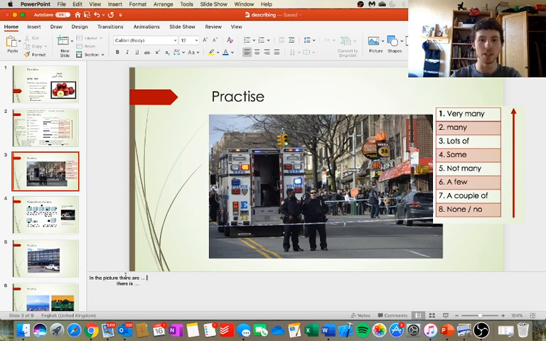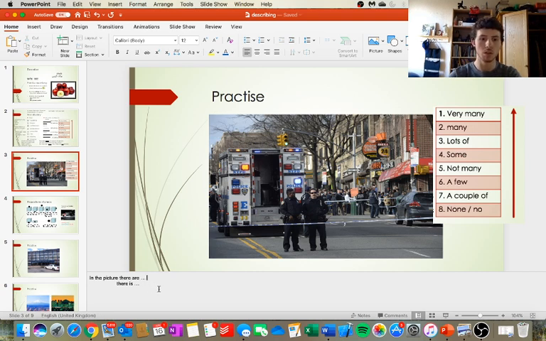So in the picture, what can you see in the picture? Good. A road. Very good. A black car. 2 polices.